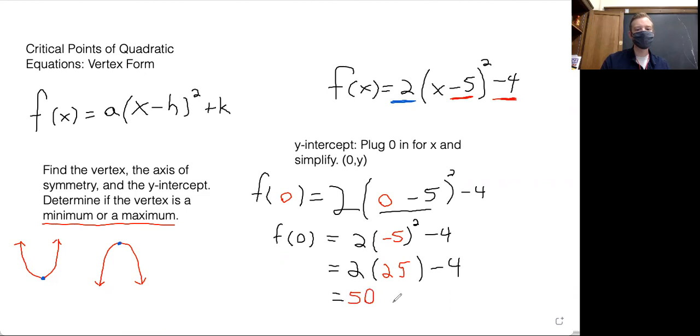We still have the -4 here. And then 50 minus 4 will give us 46.